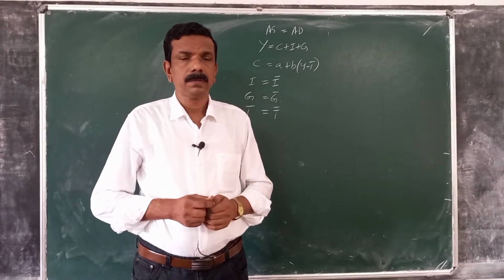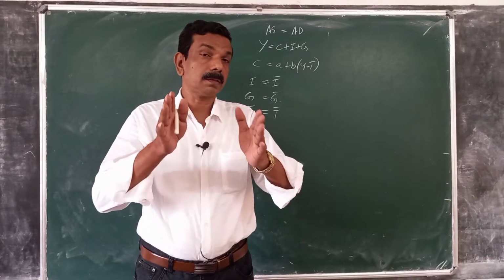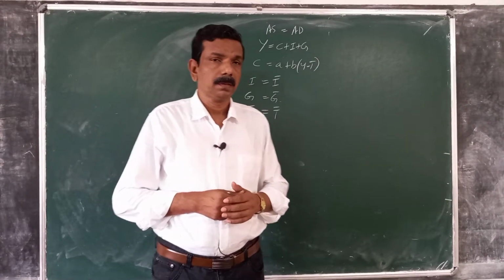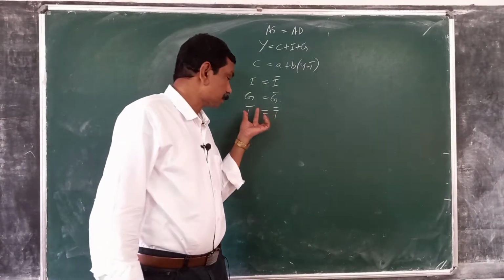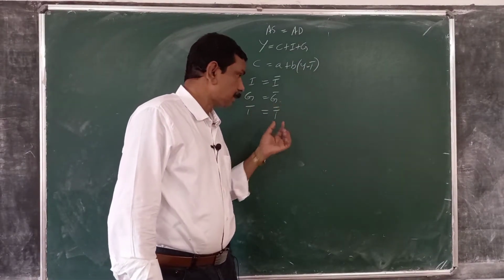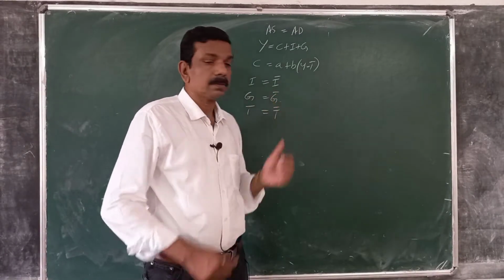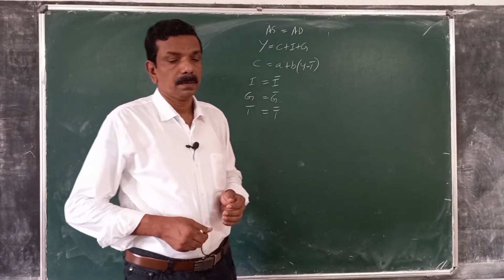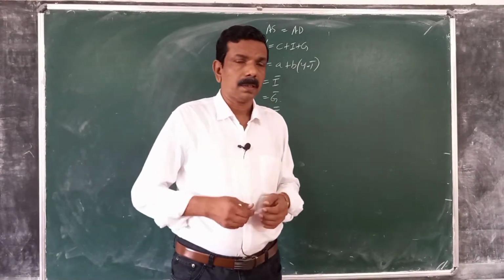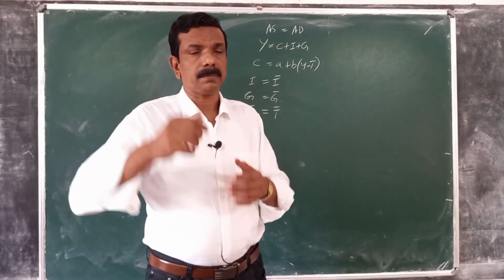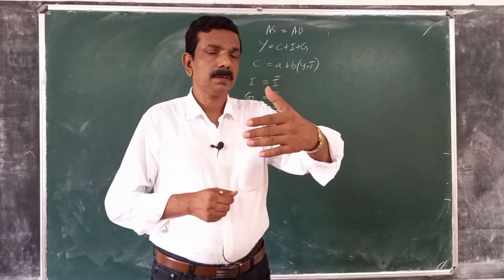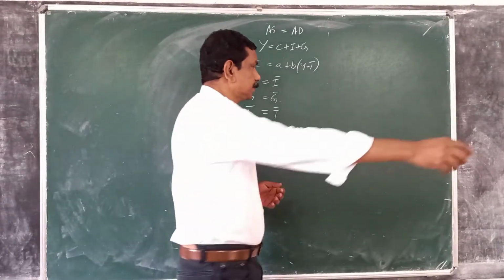Now, we start with a model in which government collects an amount equal to T bar and spends an amount equal to G bar. Now let us see how we determine equilibrium graphically and then mathematically.